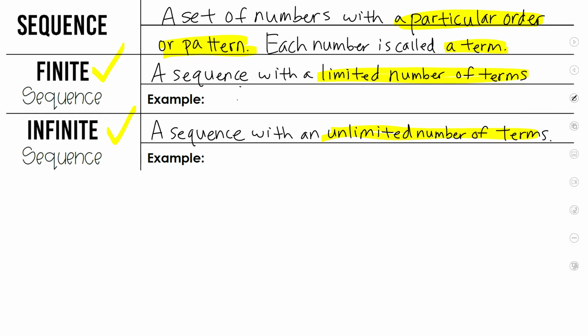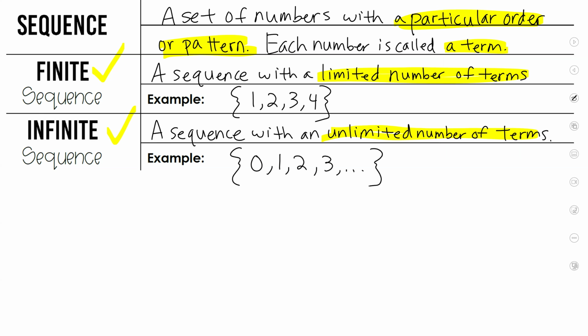A finite sequence, it doesn't go on forever. So it might be just 1, 2, 3, 4, and it might just stop there. There's a limited number of terms. Here there's only 4 terms. An infinite sequence, it goes on forever. So it might start at 0 and just go on forever.